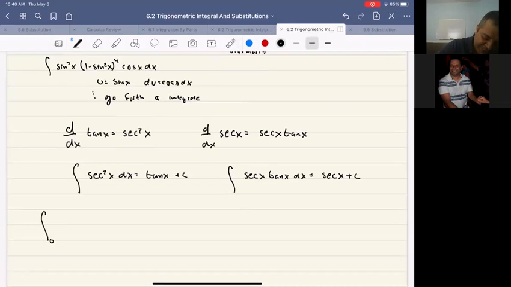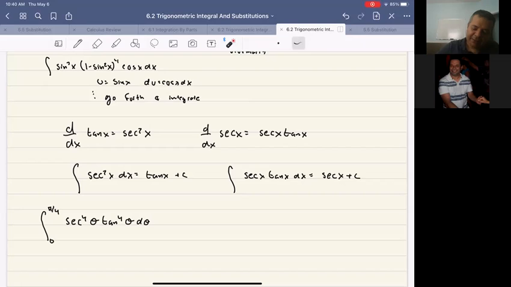Let's put some limits on this one. The integral from 0 to pi over 4 of secant to the 4th of theta tan to the 4th theta d theta. Okay, so what we can do here is, well, look at that.